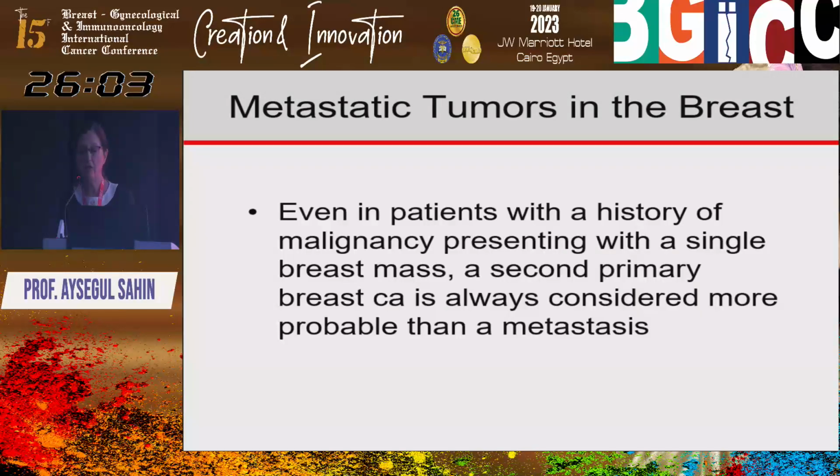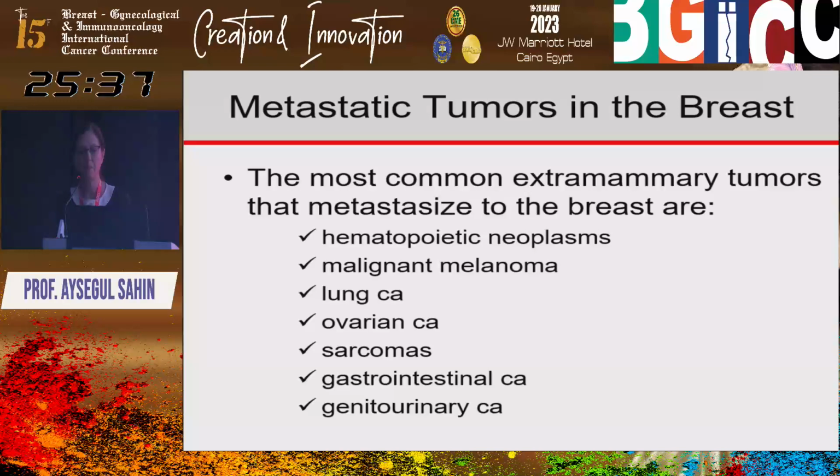Even in patients with a history of malignancy presenting with a single breast mass, a secondary primary breast carcinoma is always more common. So if it's a single lesion and you want to bet on it without looking at the slides, bet on the primary tumor. But always remember the metastasis.